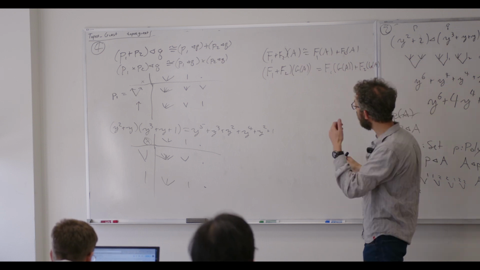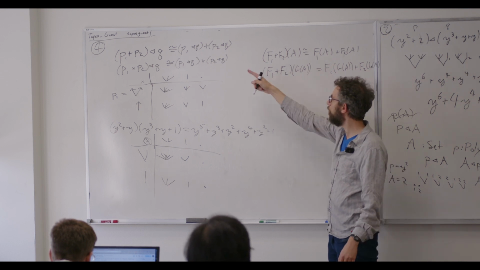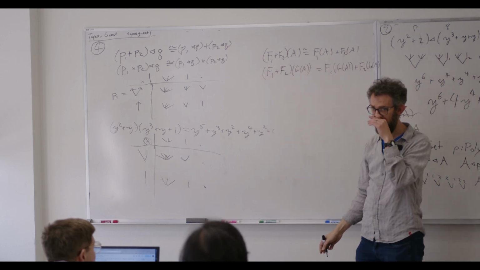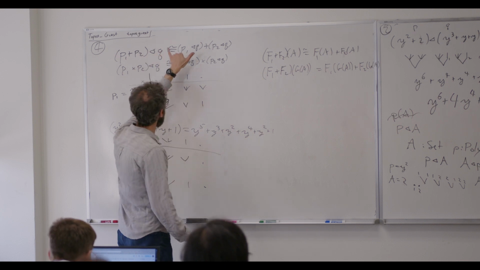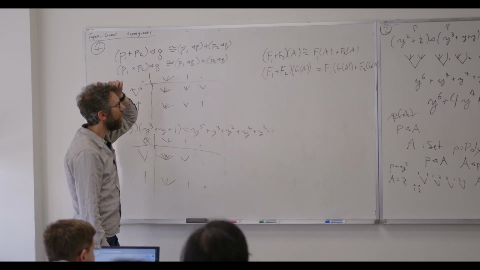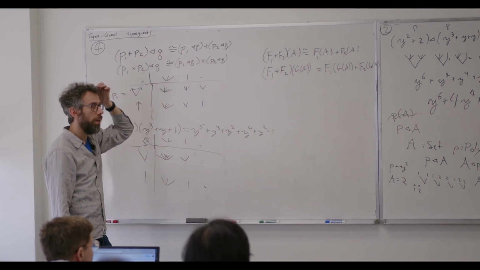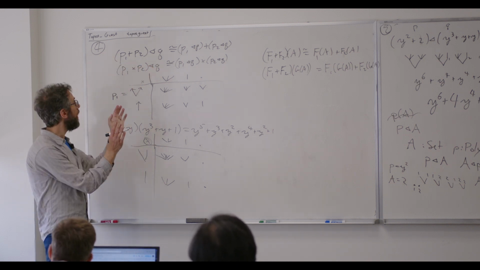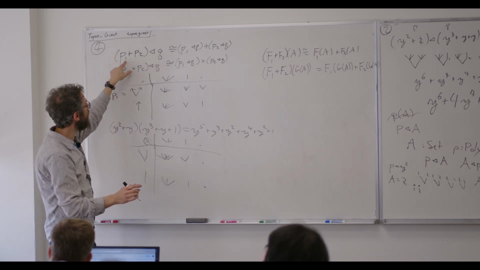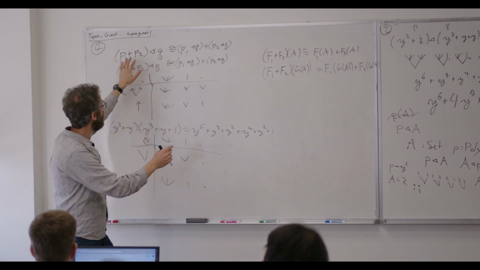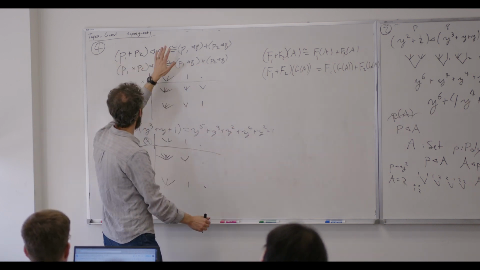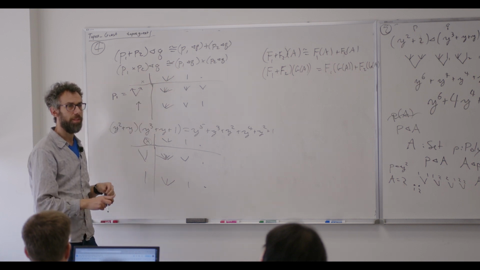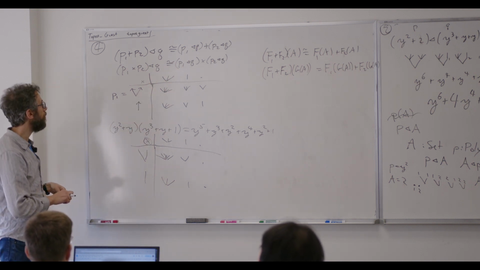And so if F1 was P1 and F2 is P2 and G was Q, we can see that this has to be true. Does that make sense? We're just plugging in, substituting. Or you could calculate it yourself with some pictures of corollas and see that each one of these corollas would be sitting there, and then these would be sitting next to them, and you'd pop Q's onto either one. Yeah. And so it's easy from that point of view too.